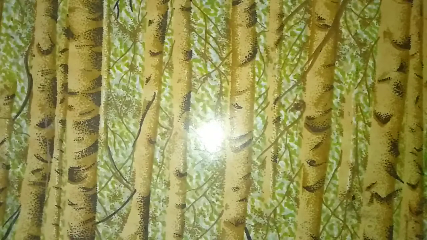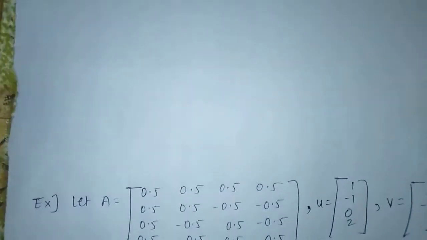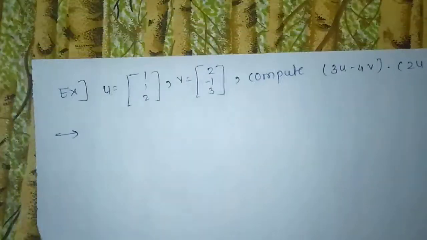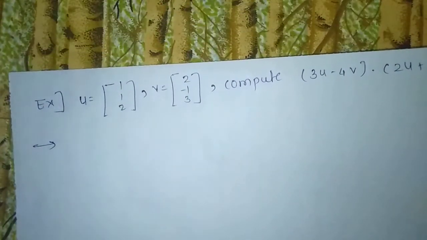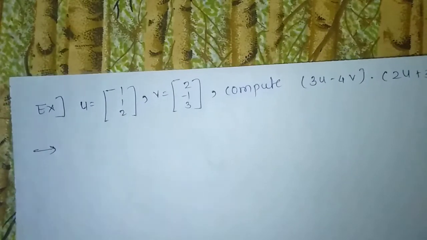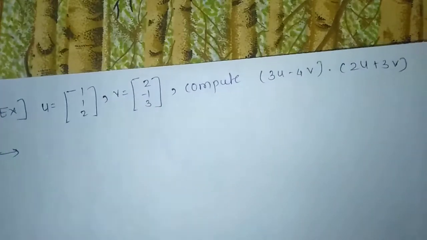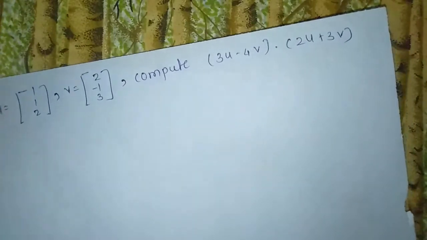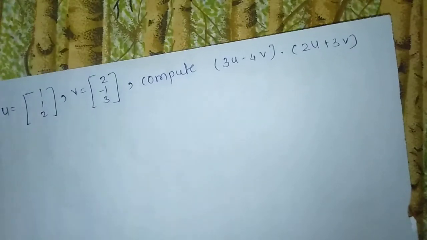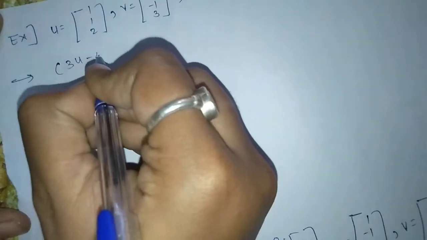So next example: u = (1, 1, 2), v = (2, -1, 3). Compute (3u minus 4v) dot (2u plus 3v). So first we have to calculate 3u minus 4v.